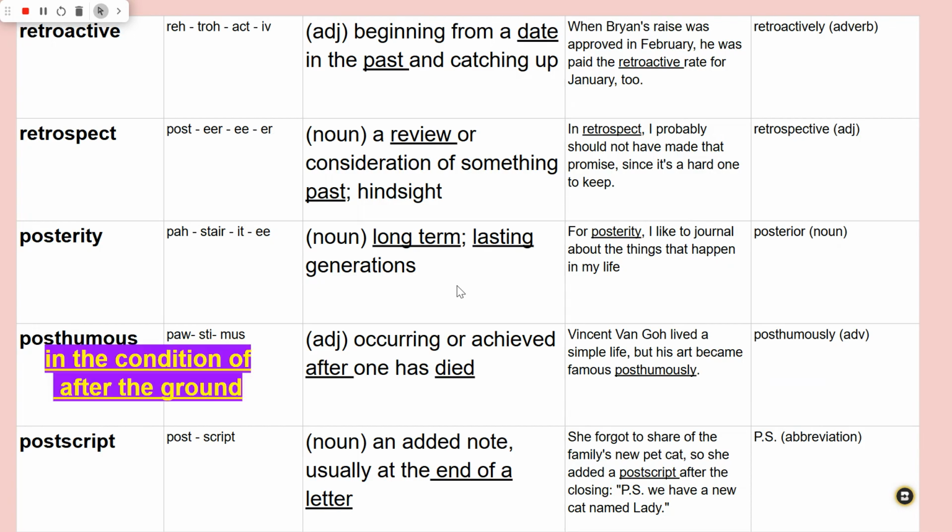So posthumous means occurring or achieved after one has died. And so instead of after the ground, after one has died is implying after someone has been buried or had a funeral. And this comes from just the tradition of burying human bodies.